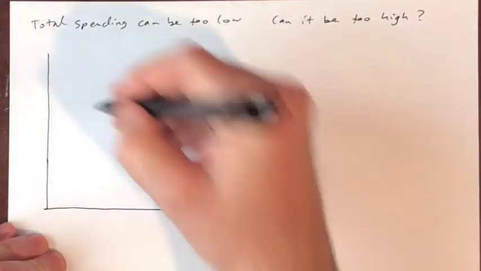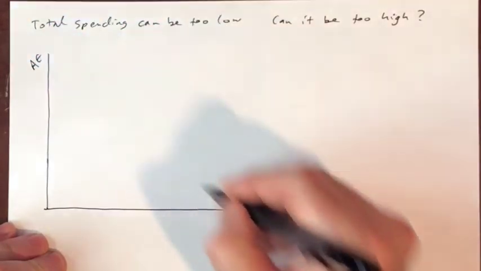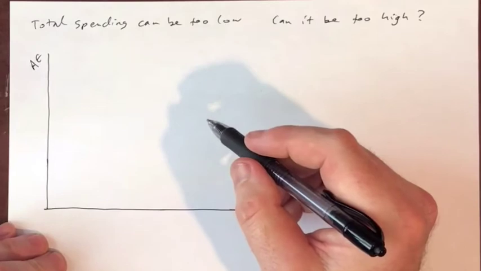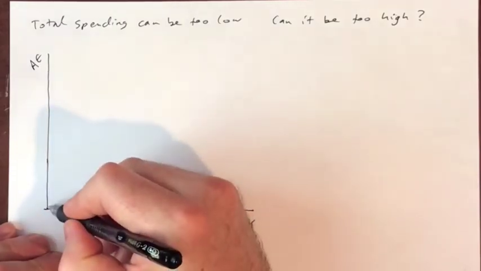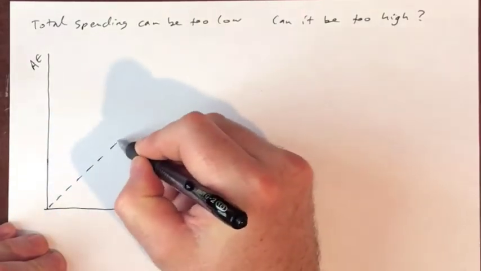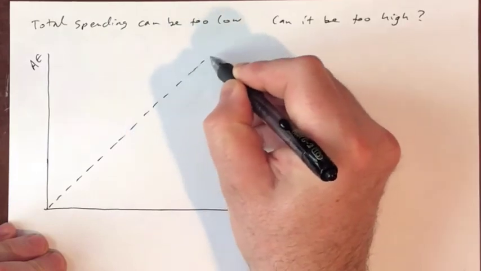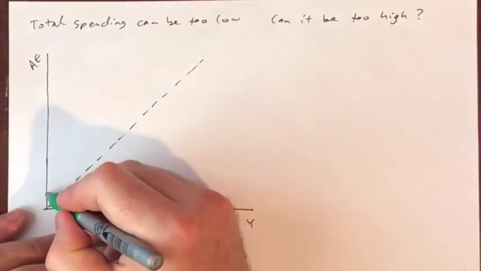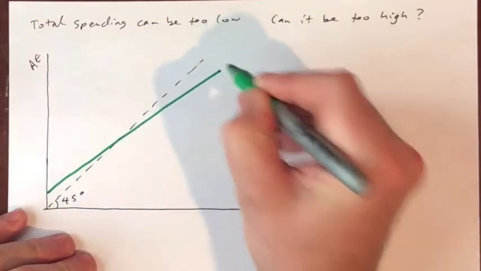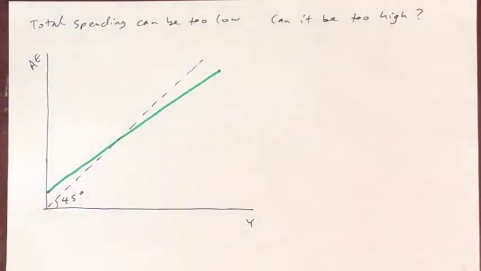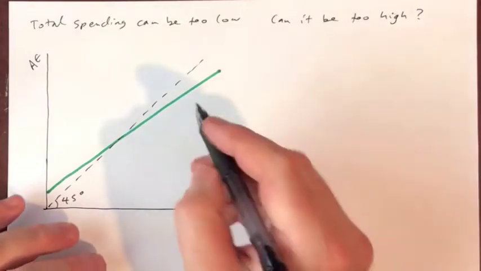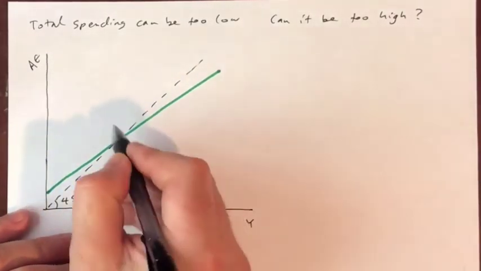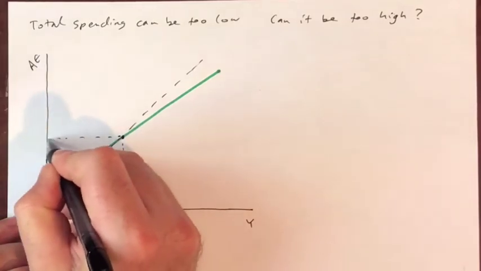So again, here's AE, here's Y. Here we have our 45-degree line, all the points of equality. Let's say it's like this. This is our aggregate expenditure function. Here's our equilibrium point.